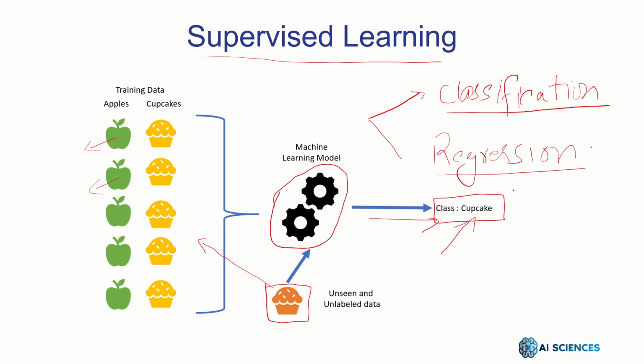Maybe we want to predict, for example, depending upon a lot of attributes, for example, how much investment we did in a particular business, and how much investment we did in marketing. These are attributes. And what are the areas we select for marketing, and what are the characteristics of the people in that area.